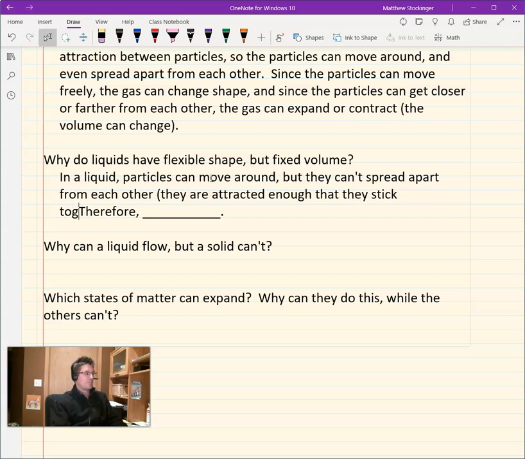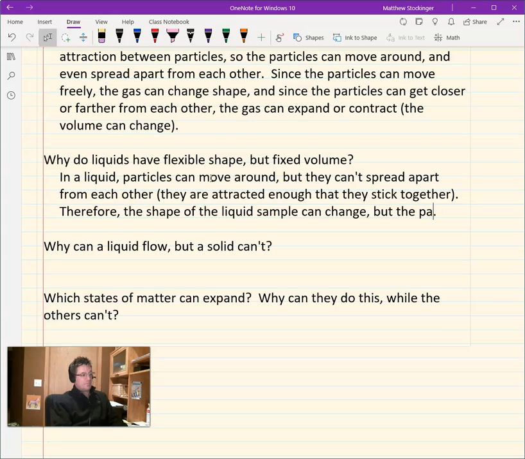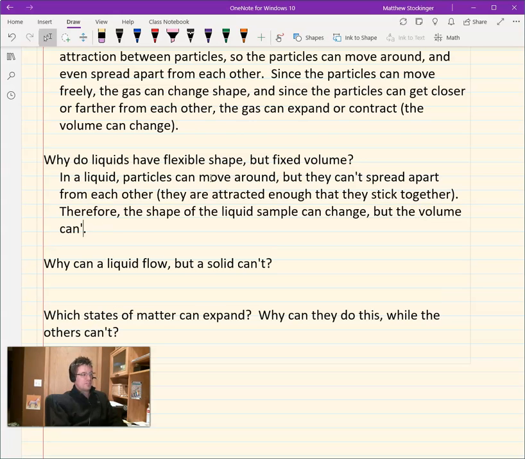So they can move around the sample, but they're attracted enough that they're going to stay touching. Okay, so therefore, the shape of the liquid sample can change, but the volume can't, because the particles can't spread apart.